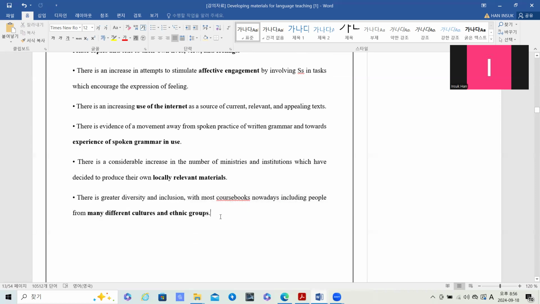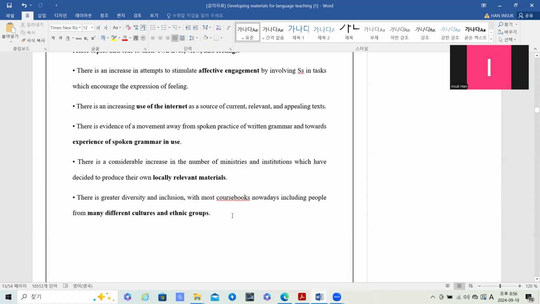Around 10 or 20 years ago, many course books involved only certain language speaker examples, the white speakers or the speakers from the UK or USA. But these days, many course books involve many people from Asia, Africa, or East Asia as well.